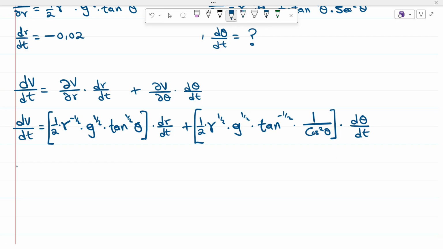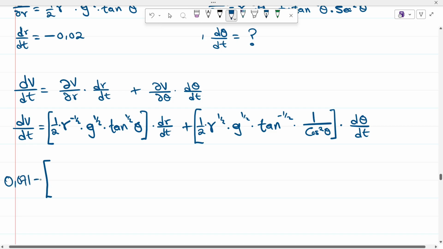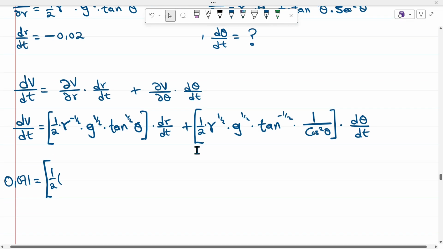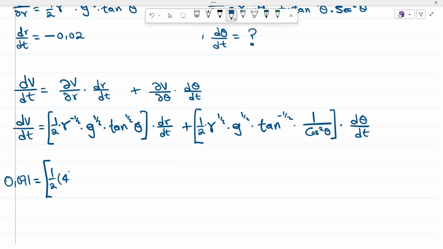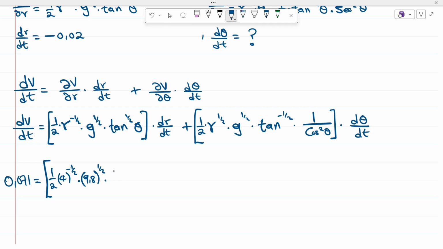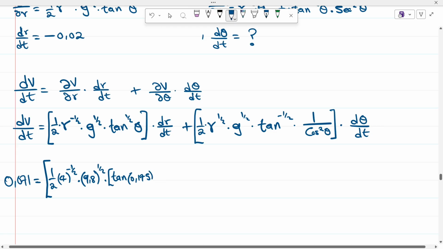Here we're going to substitute 0.071, which is equivalent to 1/2 r, and r we're given as 4, so this is going to be 4 to the power of negative half multiplied by g, which is 9.8 to the power positive half, multiplied by tan of our theta, which is given as 0.175, and then this is to the power of what?